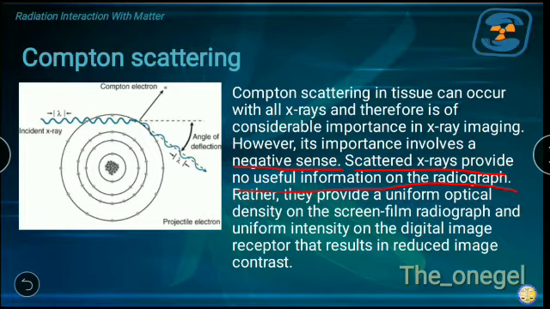One of its major contributions in diagnostic radiography is that scattered X-rays fog or increase the optical density of the X-ray film. They provide a uniform optical density on the radiograph, which in turn reduces the image contrast.